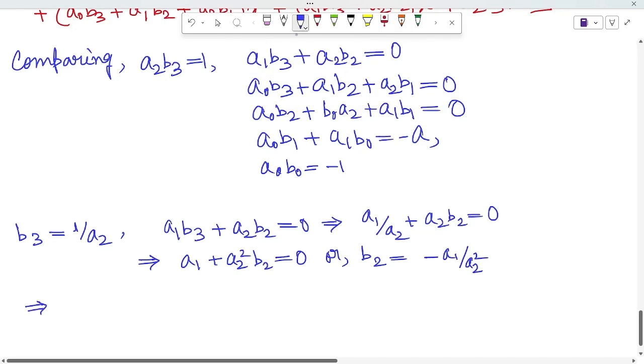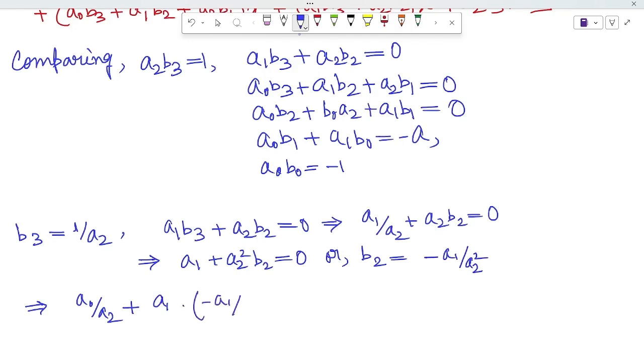It implies A0 B3, which is A0 by A2, plus A1 B2, which is A1 into minus A1 by A2 square, plus A2 B1.